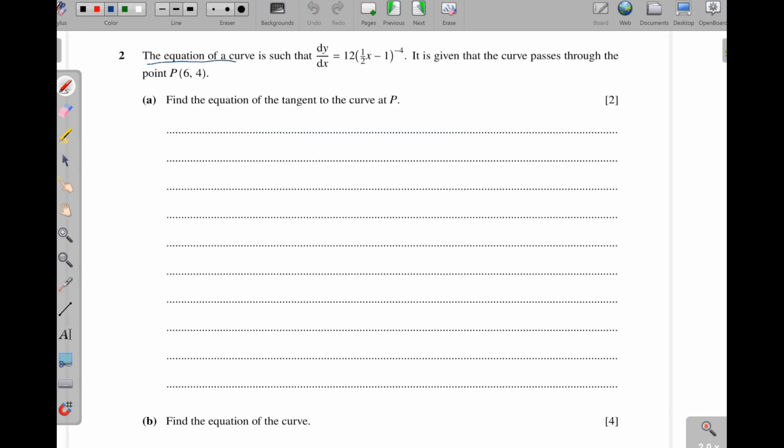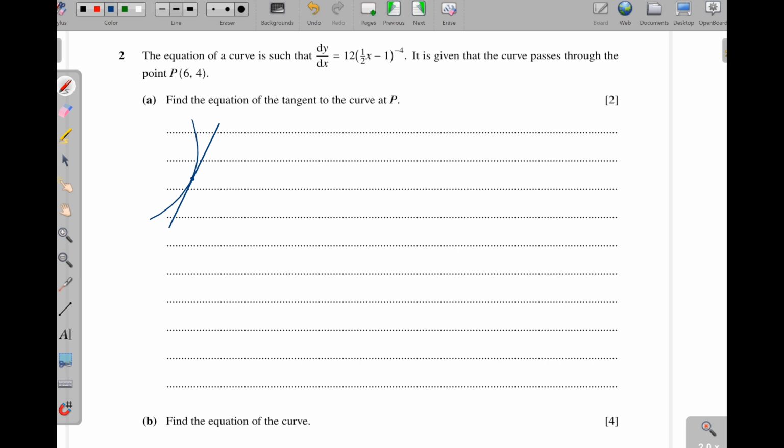Question 2. The equation of a curve is such that dy/dx is equal to this. It is given that the curve passes through the point, this one here. Part A: find the equation of the tangent to this curve. So for the equation of the tangent, you know that the gradient of the tangent is always equal to dy/dx. If you have a curve here, and then you also have a tangent there, at the point of intersection, they have the same gradient with the curve.